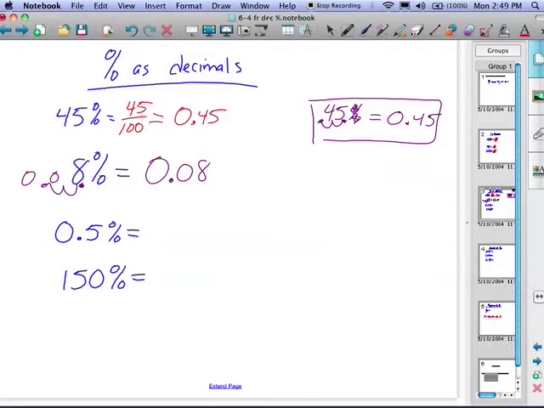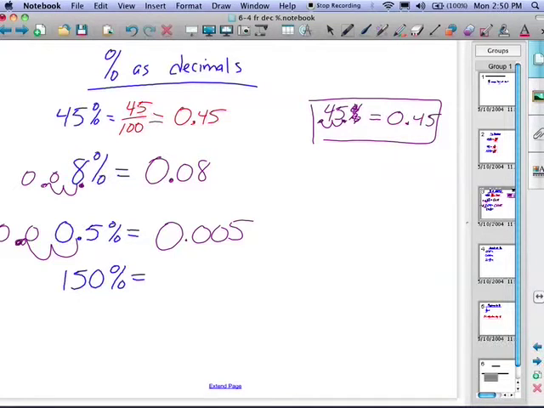The third example, 0.5%, there is a decimal point there. So we're simply going to take that decimal point and move it over 2 spaces, fill in any necessary zeros, and 0.5% is actually 5 thousandths. 8%, the example above, is actually 8 hundredths.